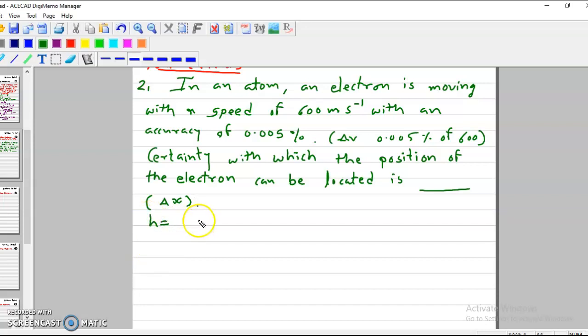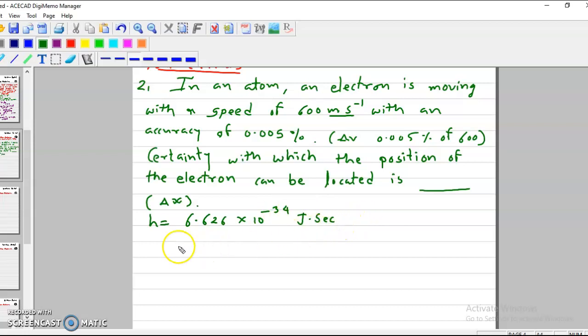Along with this is Planck's constant h, that is 6.626. Even if it is not given, you have to remember these values. As delta V is given in meters per second, we have to use MKS units, and therefore h is equal to 6.626 times 10 to the power minus 34 joule second.